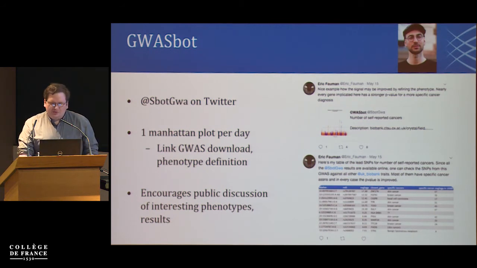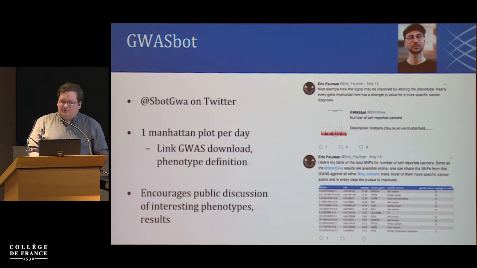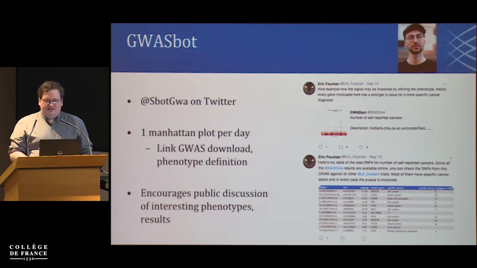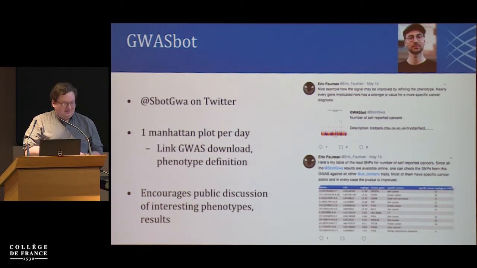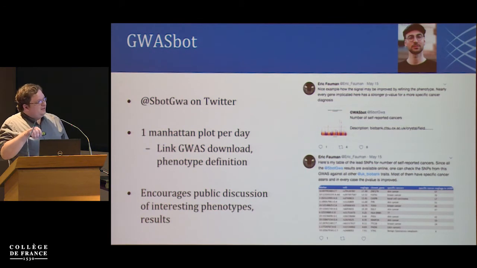Going through the list of associations found in that GWAS and comparing them to associations reported for specific cancers, he found that by and large each of these loci reported as being related to your total number of cancers is more strongly associated with some specific cancer, and tabulated what those cancers are on a locus by locus basis.